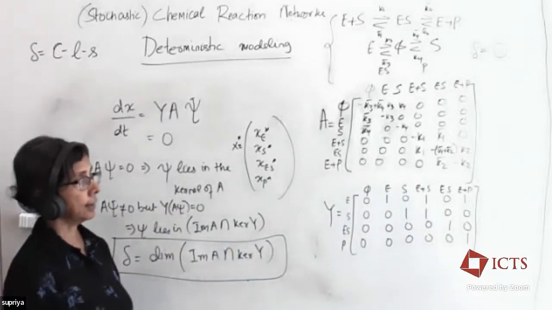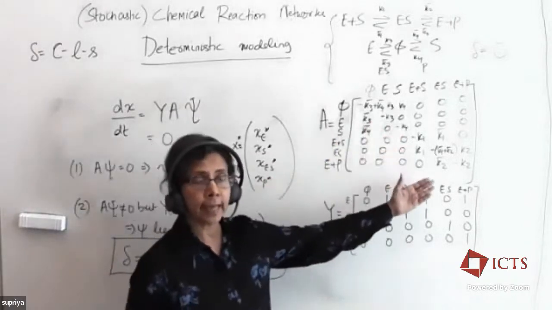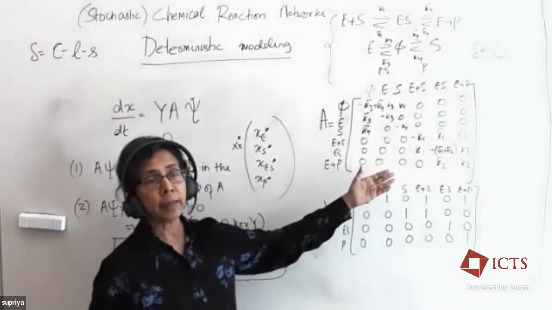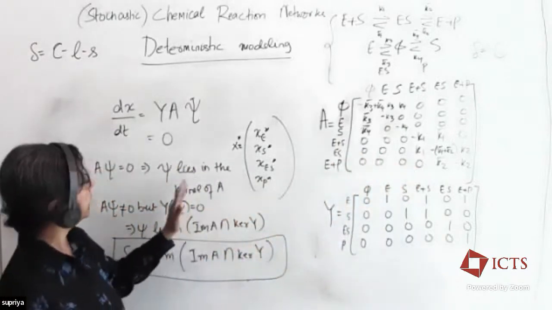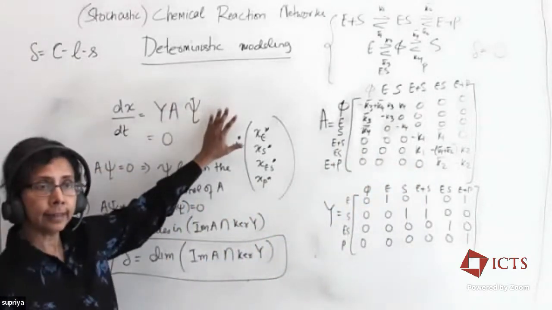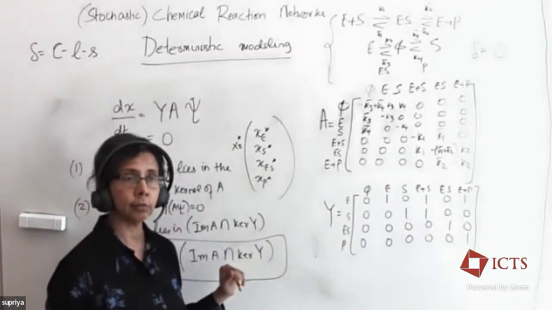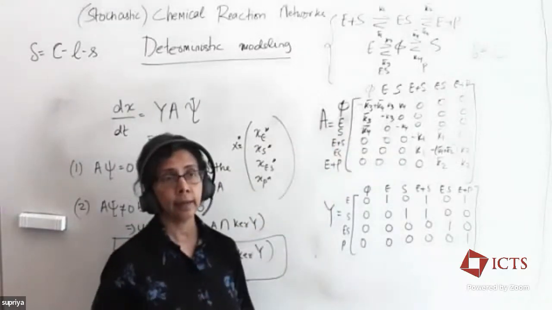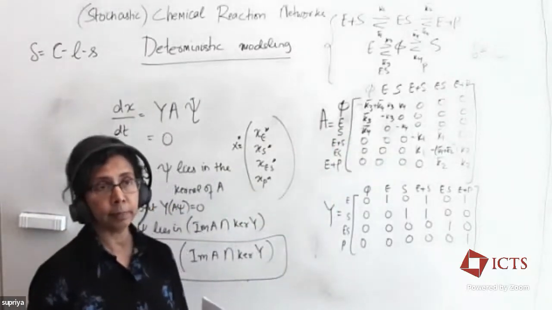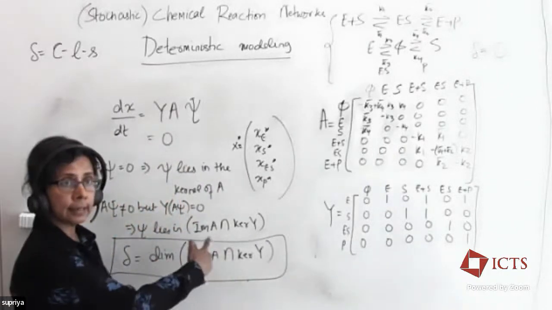How am I guaranteed that it's going to give me a vector like this complicated vector psi? That's going to be the most non-trivial part of this deficiency 0 theorem. But you see that this A is rather a simple matrix if all I have to do is find its null space. So I hope that statement is a bit clear.